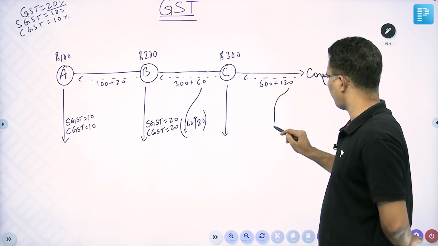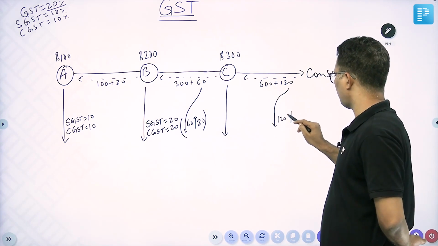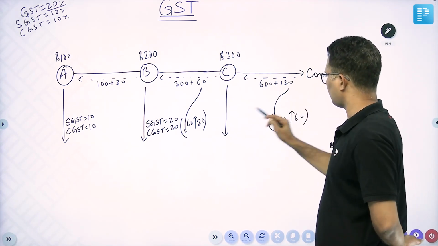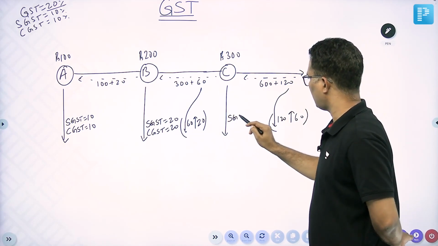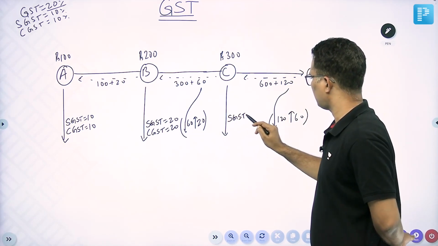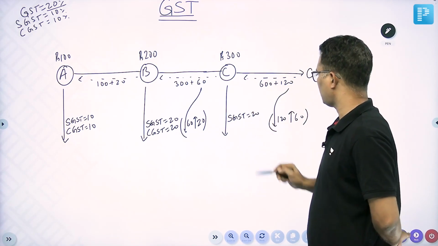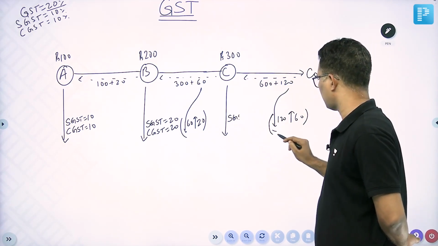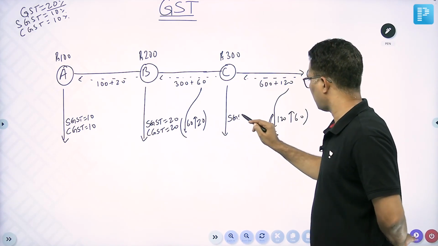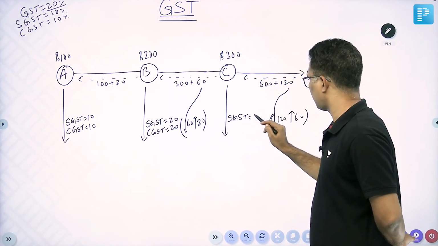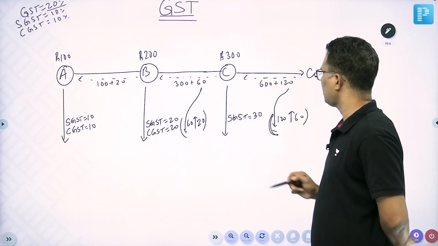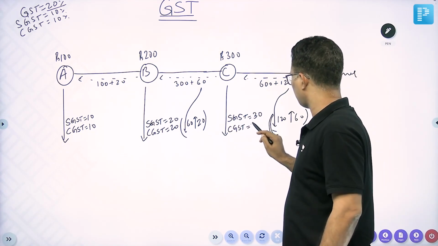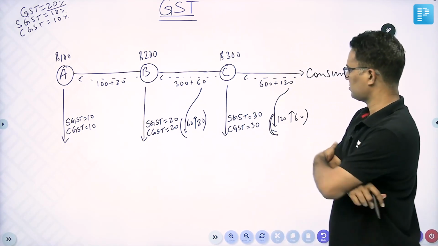He will pay 120 and get back whatever he has paid, 60. So effectively C paid SGST 30 and CGST 30.